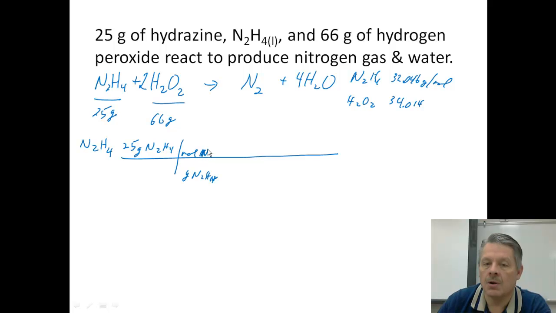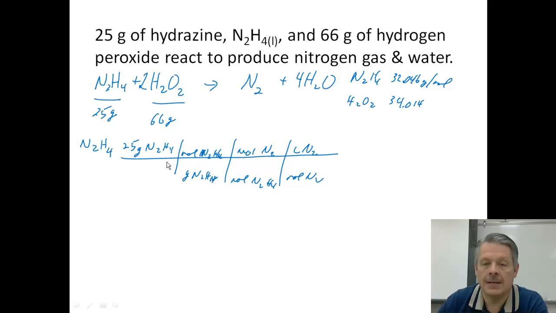And then we can go from moles of hydrazine N2H4 to moles of, in our case, nitrogen gas. And then we can go from moles of nitrogen gas to liters of nitrogen gas.